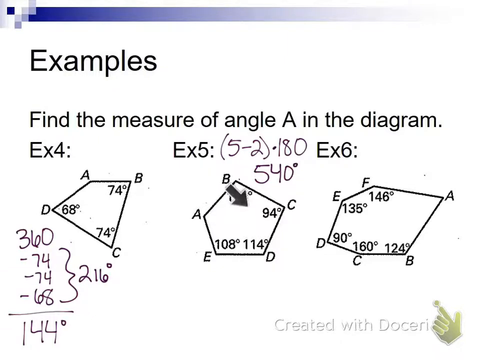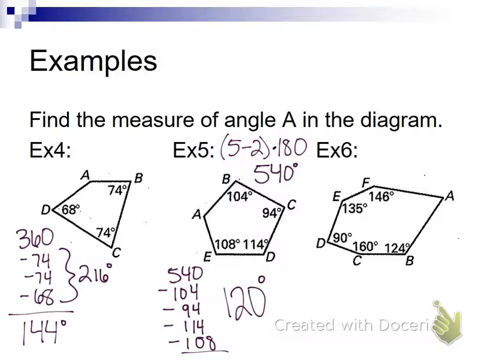So that's what we get if we add all of them together. So to figure out the one that we're missing, we're just going to subtract the ones that we know. So 540 minus 104 minus 94 minus 114 minus 108. 120.